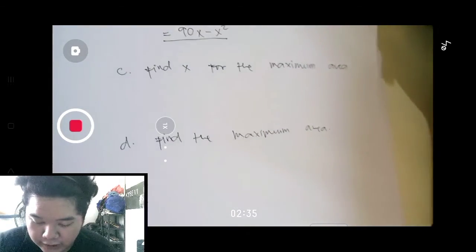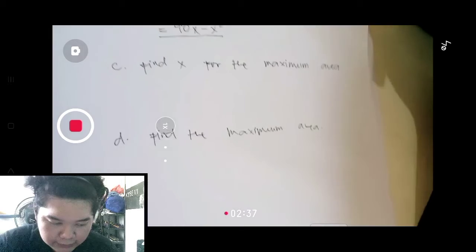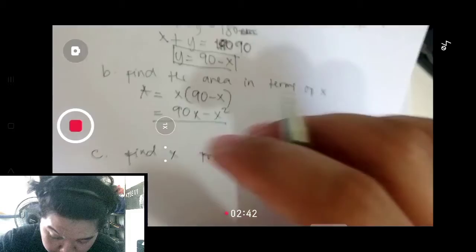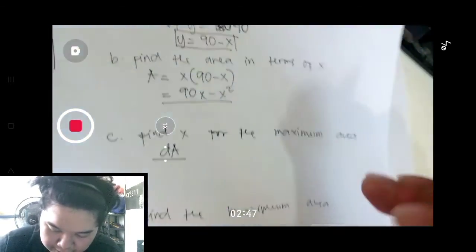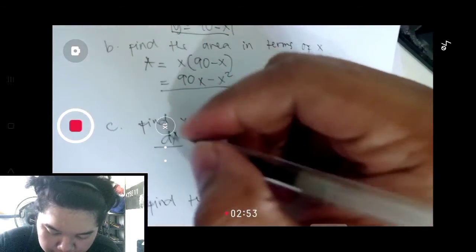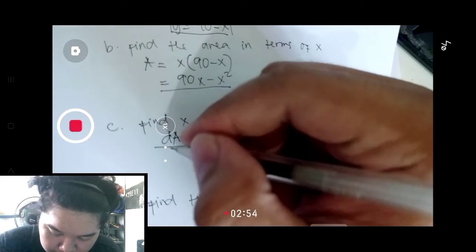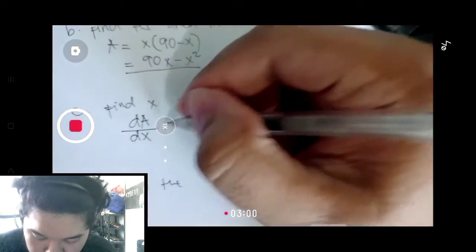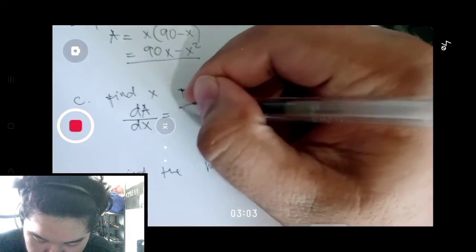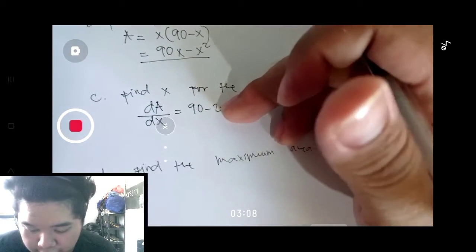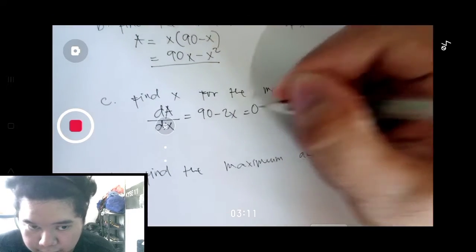So the third one is find x for the maximum area. So we need to derive this equation para makuha yung x for the maximum area. We should derive A in terms of x, or dA over dx, equals 90 minus 2x. So the derivative of this equation is equal to 0.